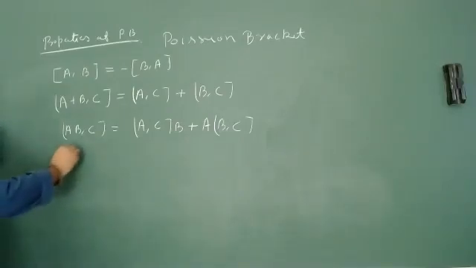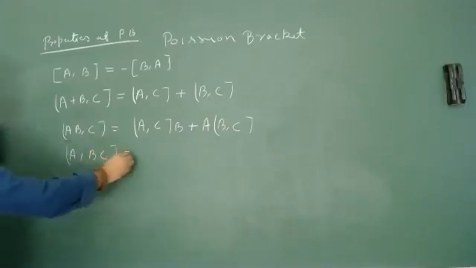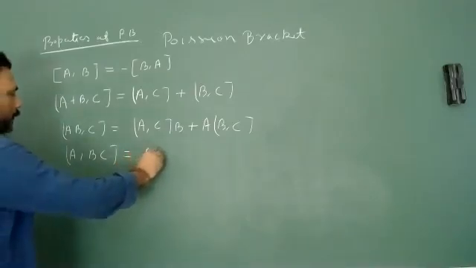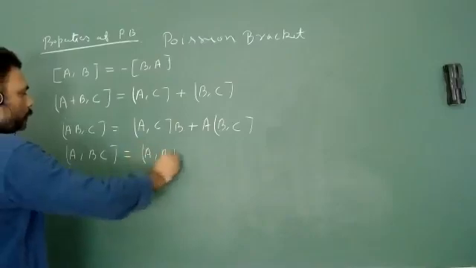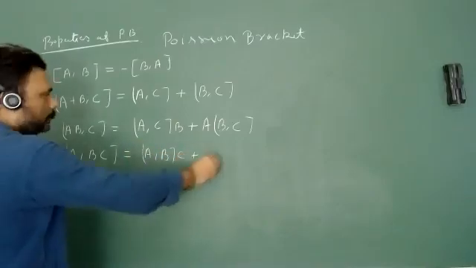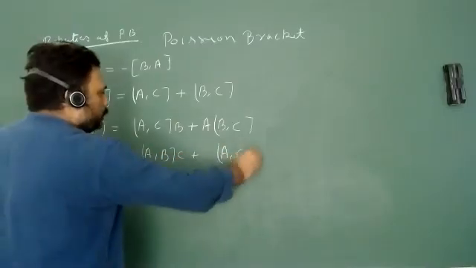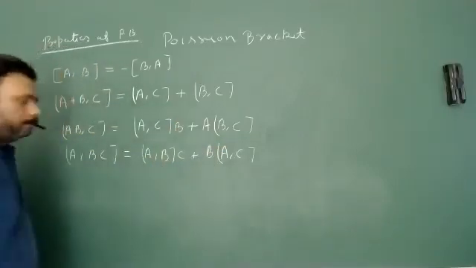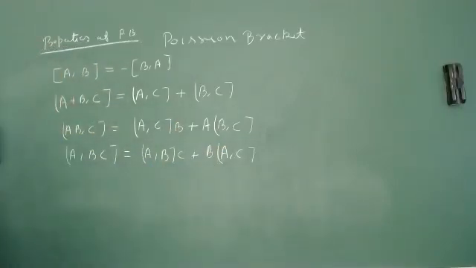Next, {AB, C}. This will be equal to A{B, C} plus {A, C}B. So this is very trivial.